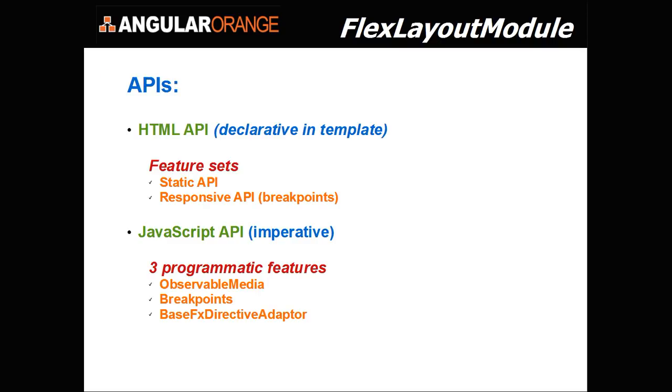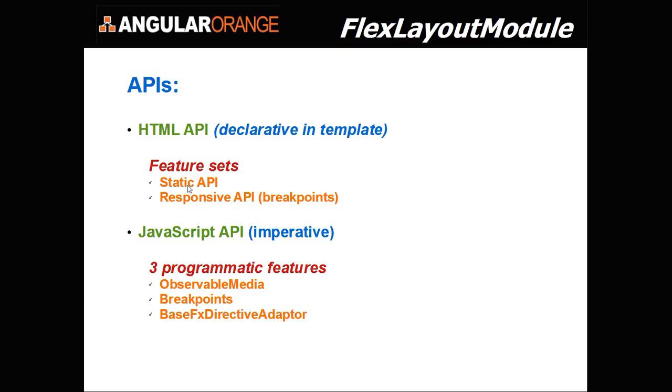So the APIs of the Flex Layout module, there's an HTML API which is declarative in the template. We saw a little example of that. And we're going to talk about just a static API here, and maybe throw in a little bit of this, but there's a responsive API which is pretty extensive too, and it's based on the breakpoints.